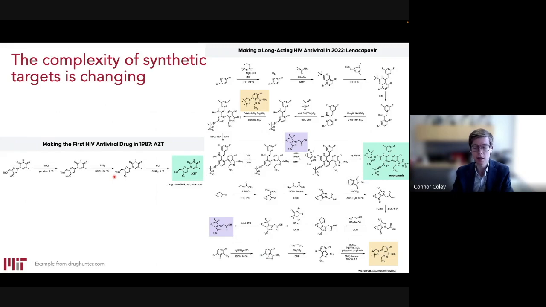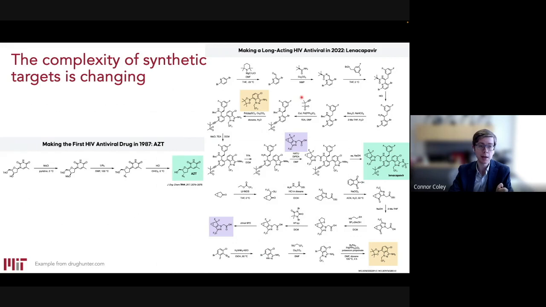There's this nice example from Drug Hunter last year where they showed a direct comparison between AZT as an antiviral for HIV, originally reported in the late 80s, which is very simple. You could make it in 3 synthetic steps.